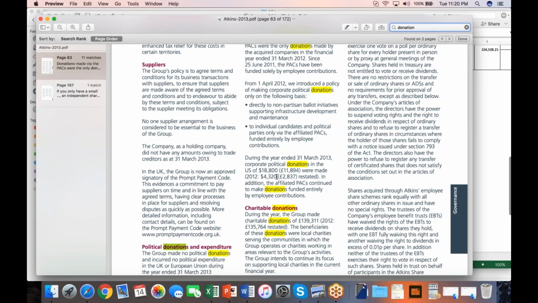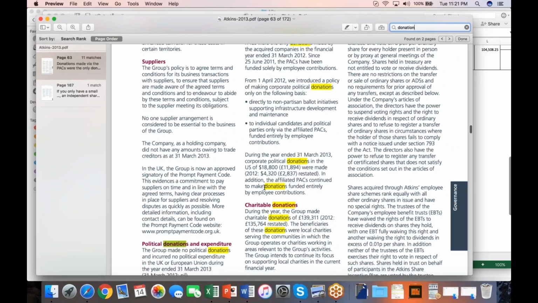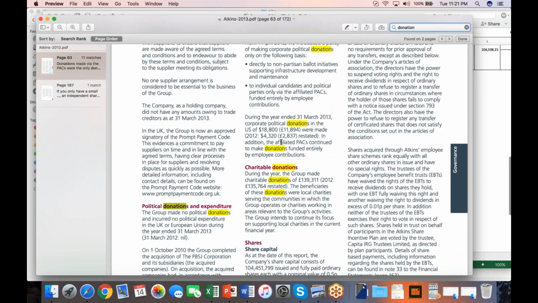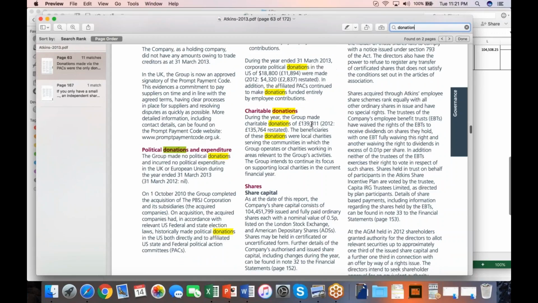In addition to this, charitable donations. I have not taken account of political donations. During the year, the group made charitable donations of £139,000. The beneficiaries were local charities serving the community.